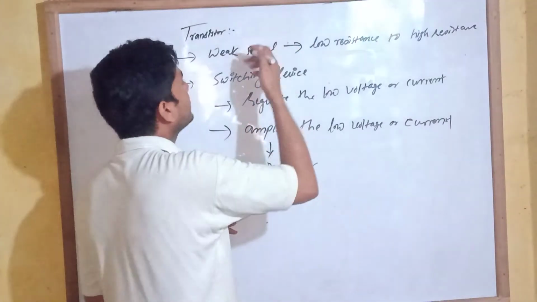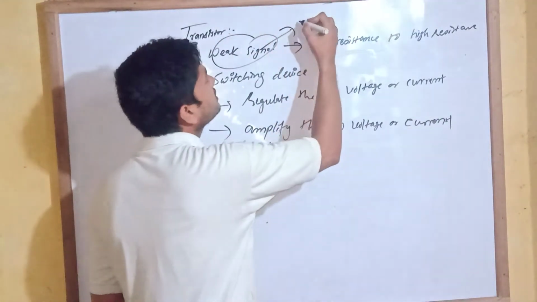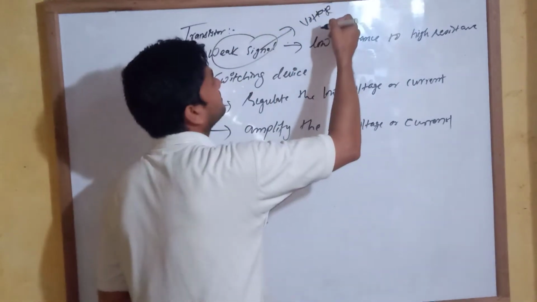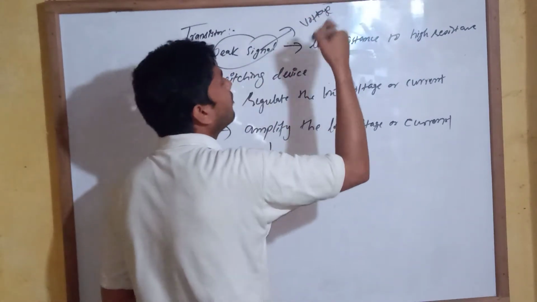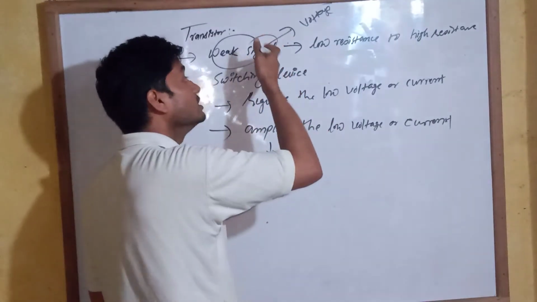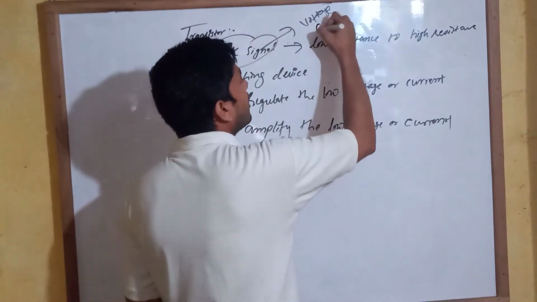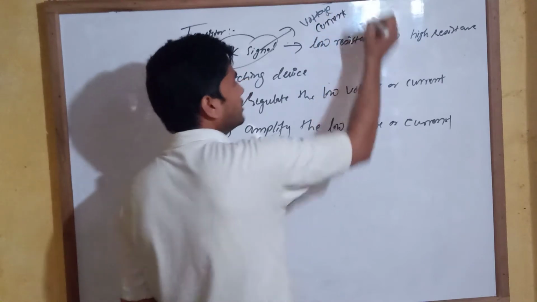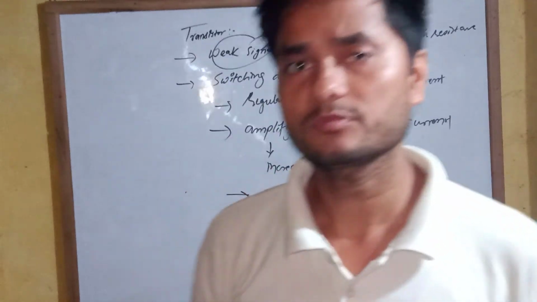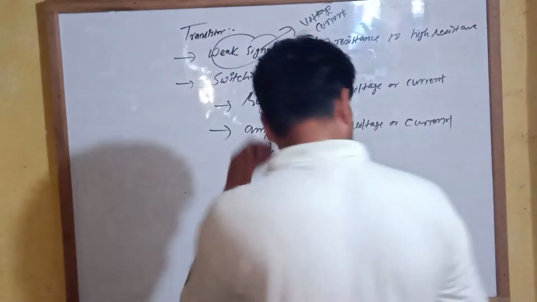The meaning of signal here is that it may be voltage, which I already emphasized in my next video, or it may be current. This is the basic concept about electronics.